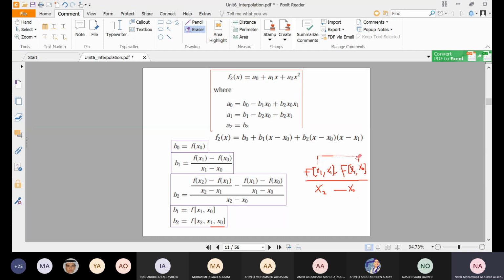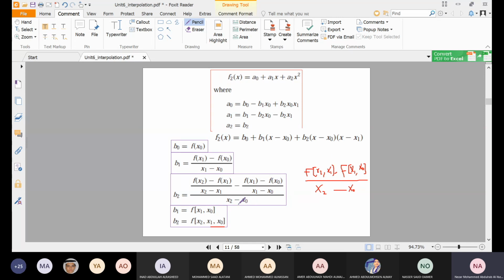So this divided difference f of x2, x1 is represented by this form: the function at x2 minus the function at x1 over the run x2 minus x1, minus the divided difference between x1 and x0, which is f of x1 minus f of x0 over x1 minus x0.